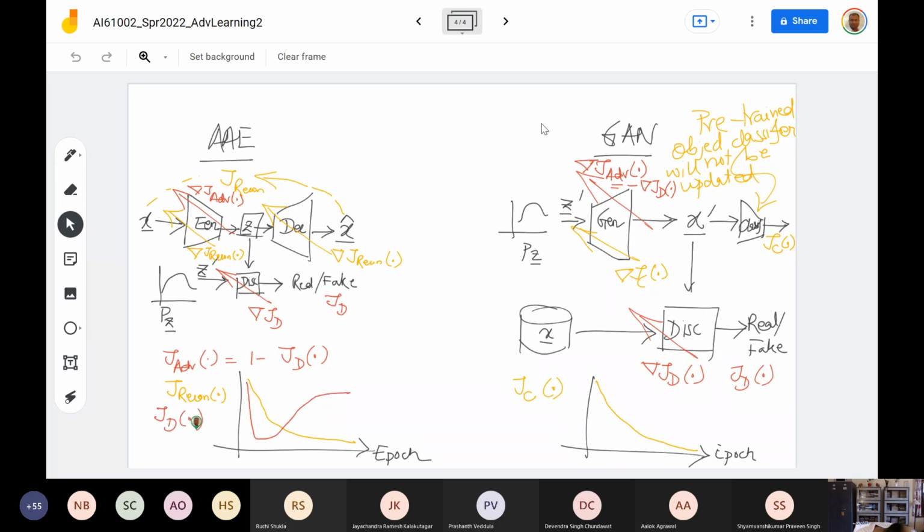Here also it will go down and then rise up. And if I consider the adversarial loss, then the adversarial loss is going up and then coming down over here, which is J_adversary. So in both of these cases, you would see that the behavior of these dynamics is pretty much the same.